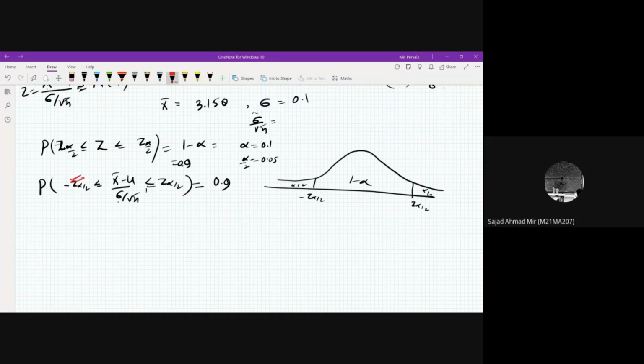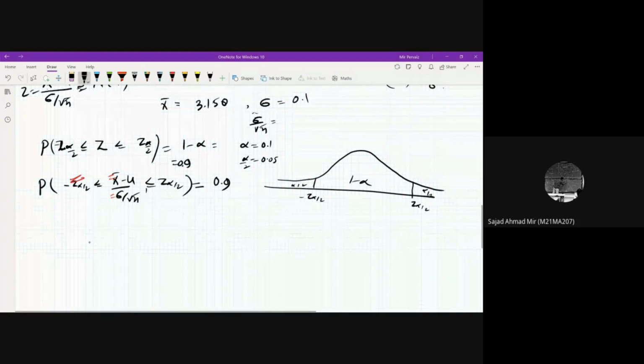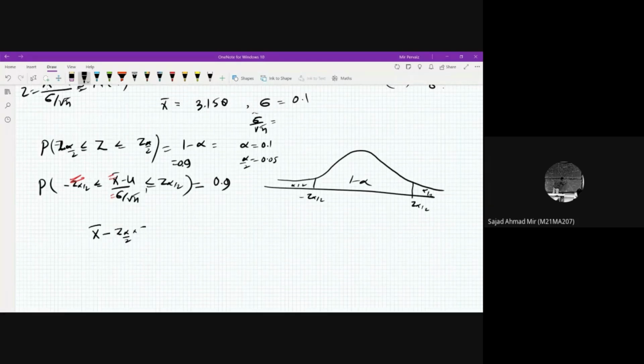Sigma by root n you already know. So the final shape of your confidence interval is x bar minus z alpha by 2 times sigma by root n, comma, x bar plus z alpha by 2 times sigma by root n.